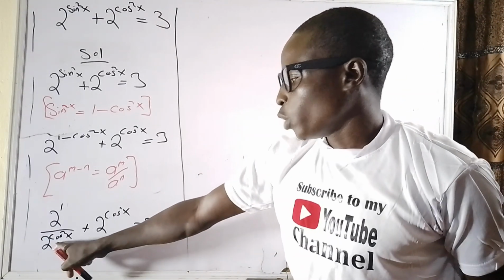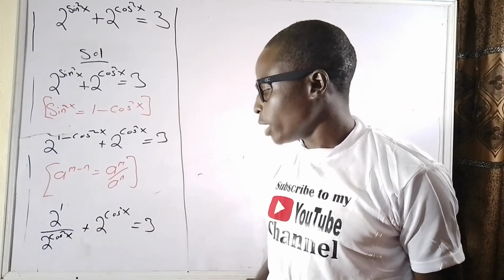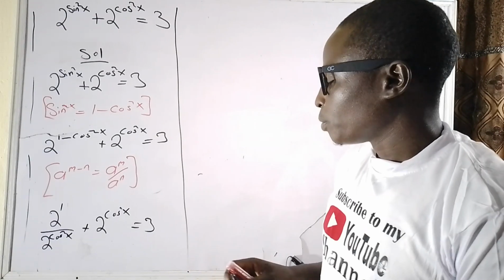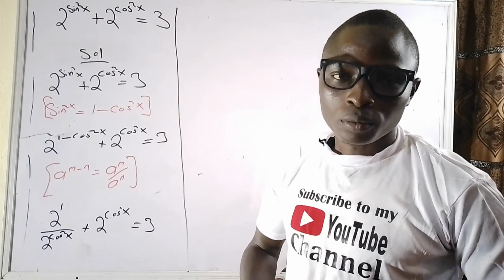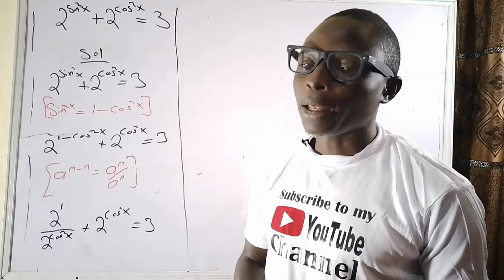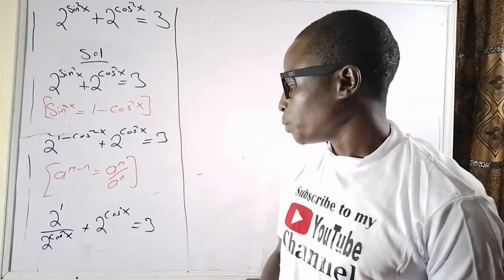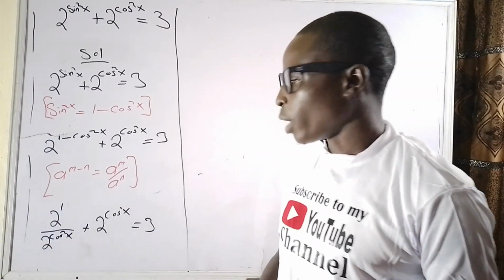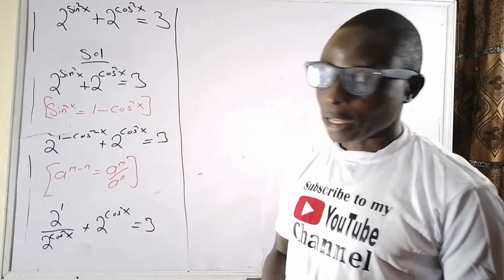I have 2 raised power cos square x. I also have another 2 raised power cos square x. In order to ease the solution, I can let another variable or unknown be equal to 2 raised power cos square x, so that by the time I get the value of that unknown I introduce, I will get the value of 2 raised power cos square x, and eventually I will get the value of x.